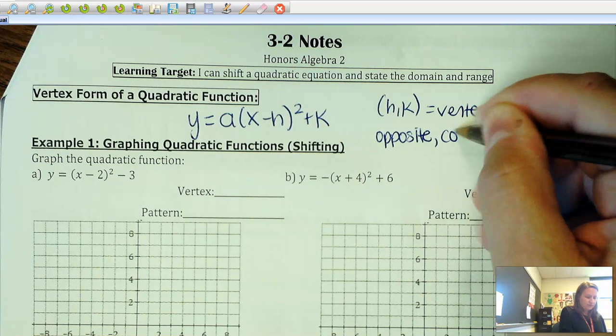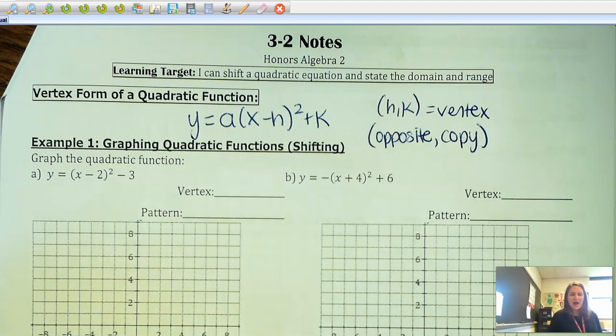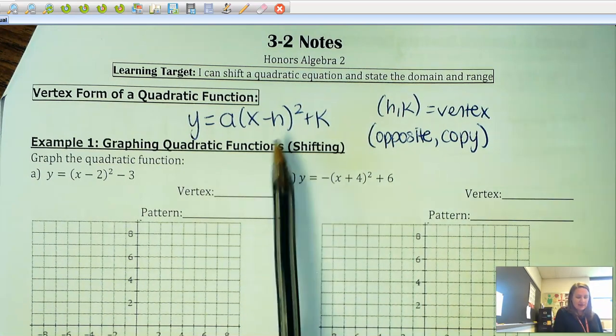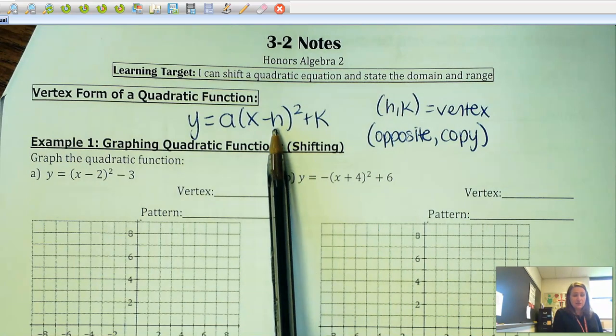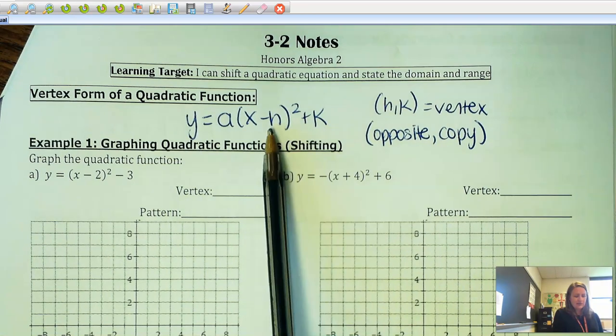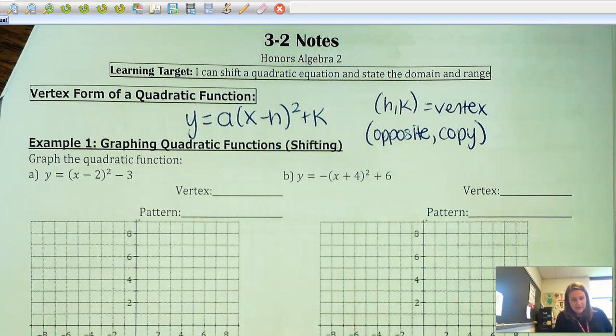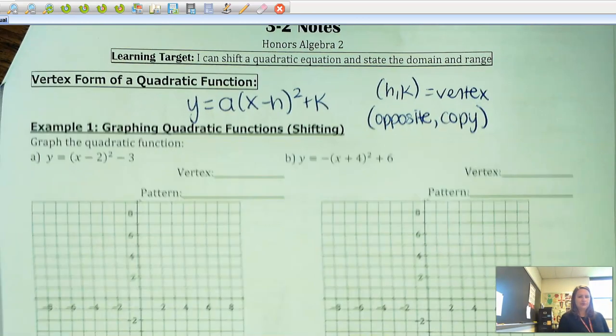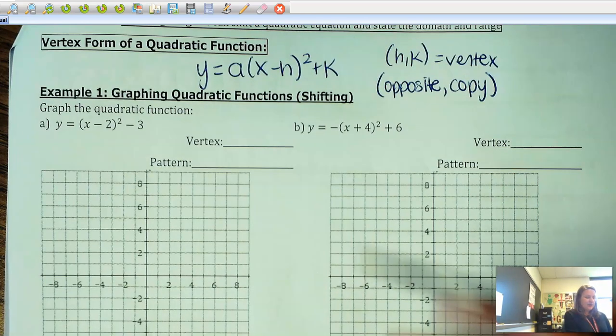When you do the vertex, it's going to be the opposite of what it looks like for your x-coordinate, and then we're going to copy the y. So inside with the x is going to change the x-coordinate of your vertex, outside is going to change your y-coordinate. So inside goes left and right, outside goes up and down, and inside it's the opposite way that it looks. So let me slide this up here real quick.